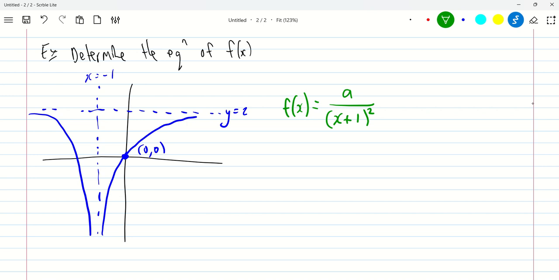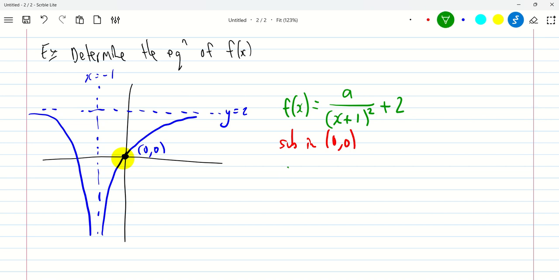My horizontal asymptote is 2, so it's going to be plus 2. Can we find that value of a? We've also got the fact that it goes through the origin, so we can sub in 0, 0.